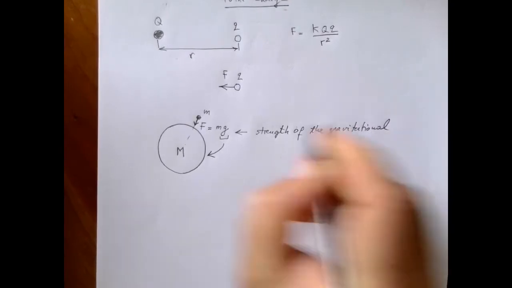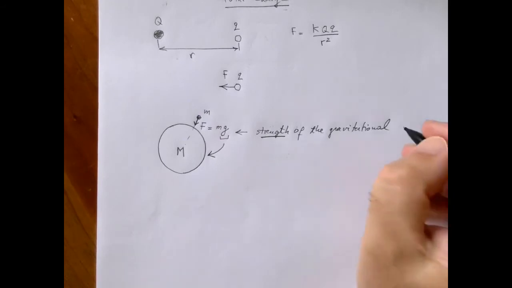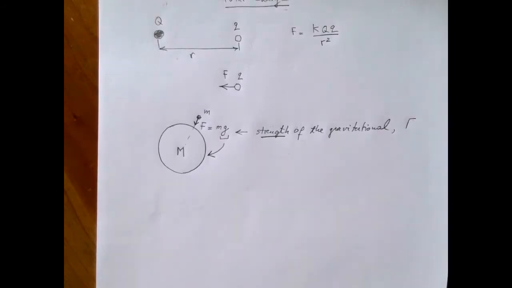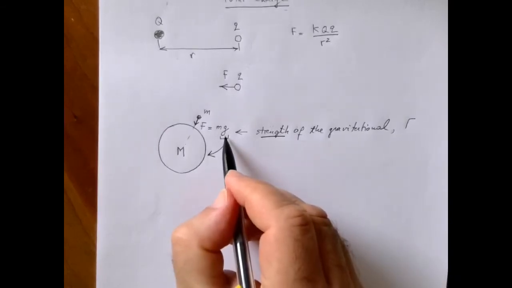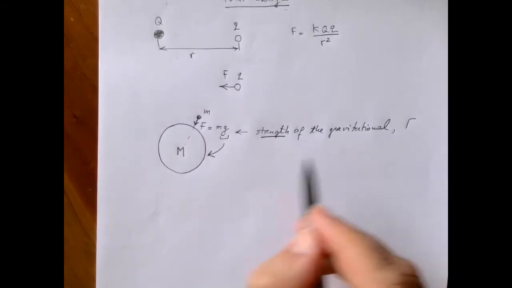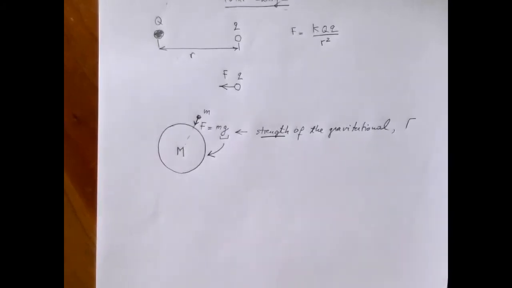It is the intensity of the gravitational field, and it should be labeled as gamma. But because gamma turns out to have units of acceleration, we call it acceleration of gravity, and we are using it in all our kinematics and dynamics problems in the early stages of this course.